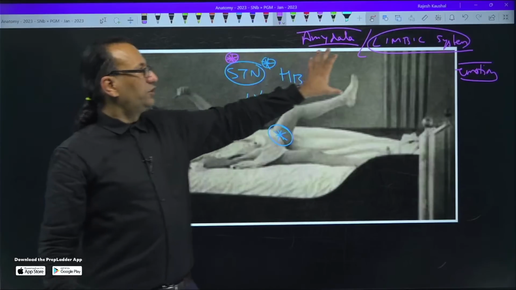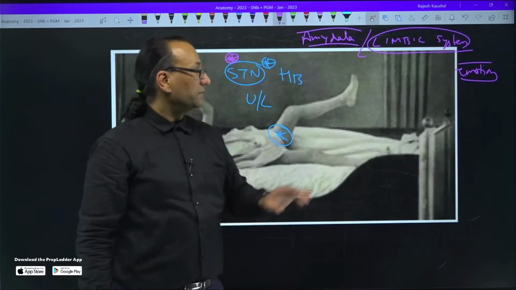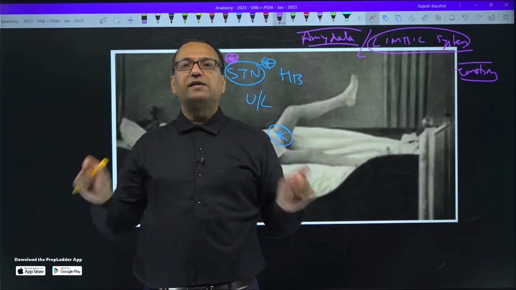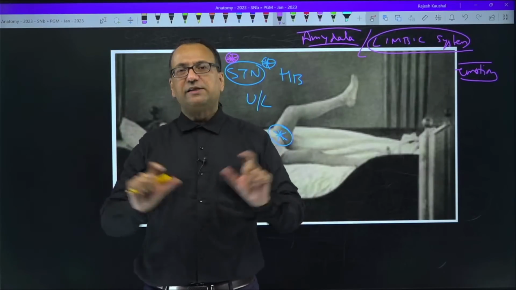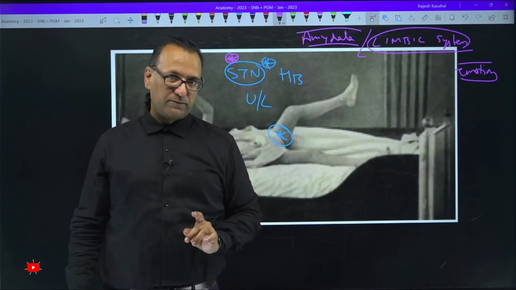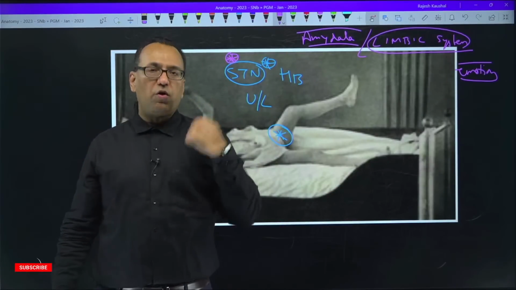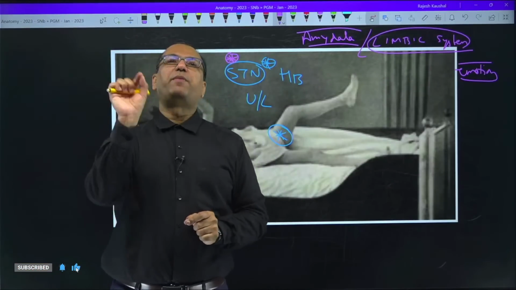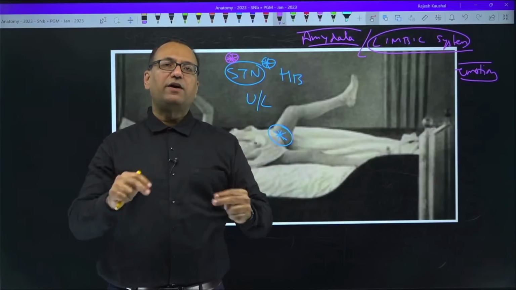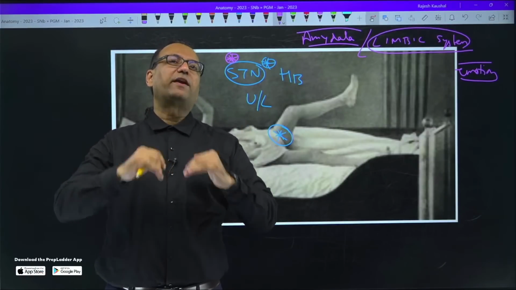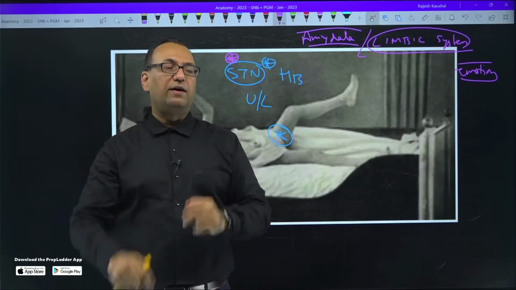Amygdala gives you the emotion of fear. In Gray's Anatomy, you will find under basal ganglia there is some heading, subheading, and under basal ganglia, they'll put amygdala. But amygdala is more a part of the limbic system. A question comes, is amygdala a part of basal ganglia or limbic system? What is your first answer? Limbic system is a better answer than basal ganglia for amygdala.